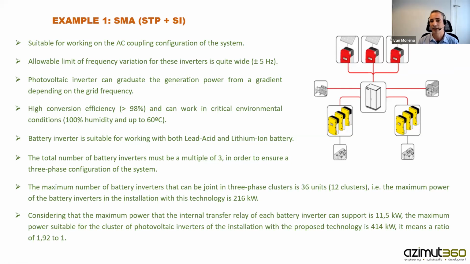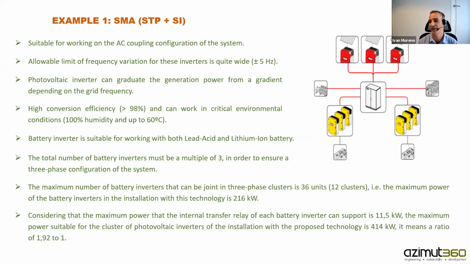And considering that the maximum power that the internal transfer relay of each battery inverter can support is almost 12 kilowatts, the maximum power suitable for the cluster of photovoltaic inverters of the installation is 414 kilowatts. It means a ratio of almost 2 to 1.